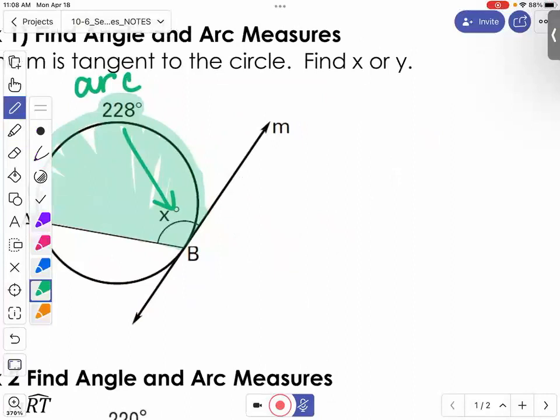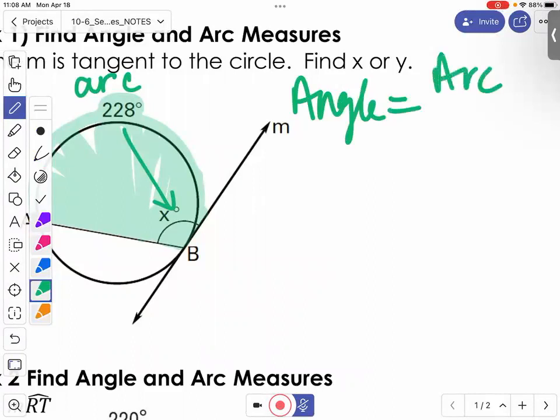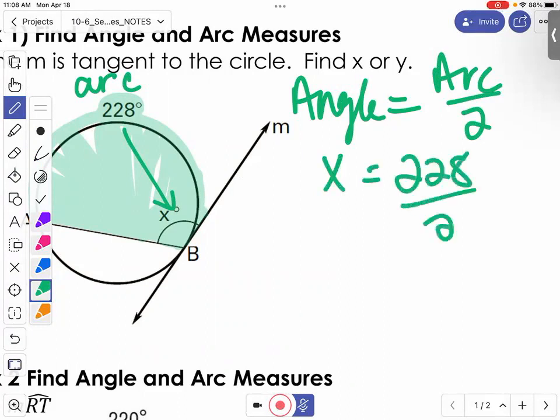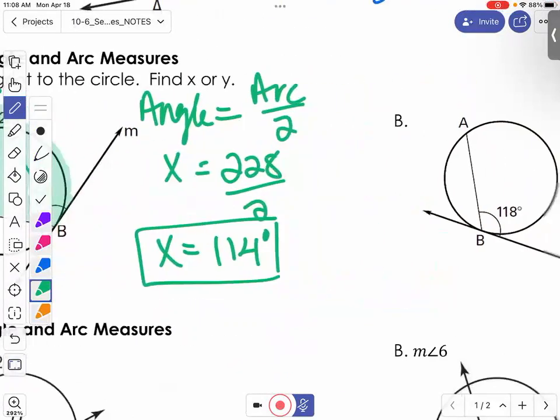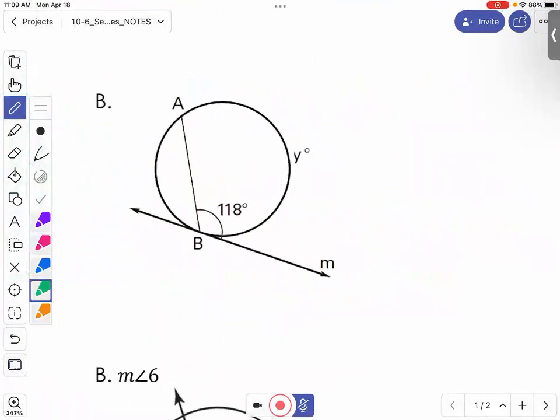So my formula says the angle should be the arc measure divided by 2. Well, my angle is an x, my arc is 228, and I need to divide that by 2. So that means my x is going to have to be 114 degrees. So that angle, 114. Let's try letter B.